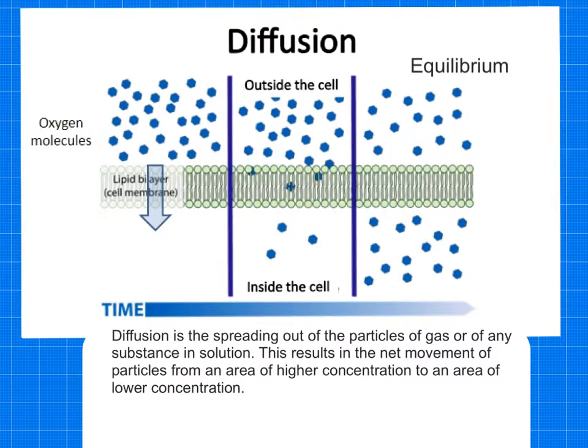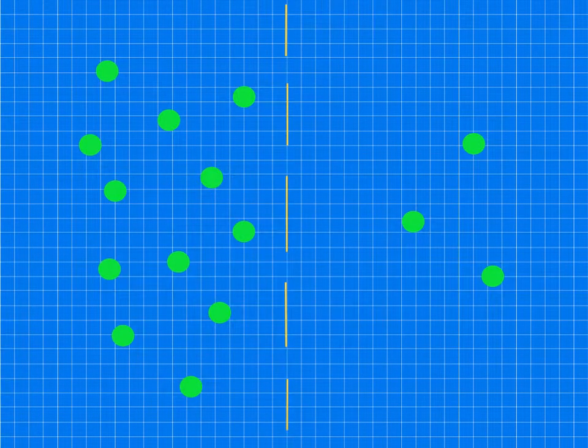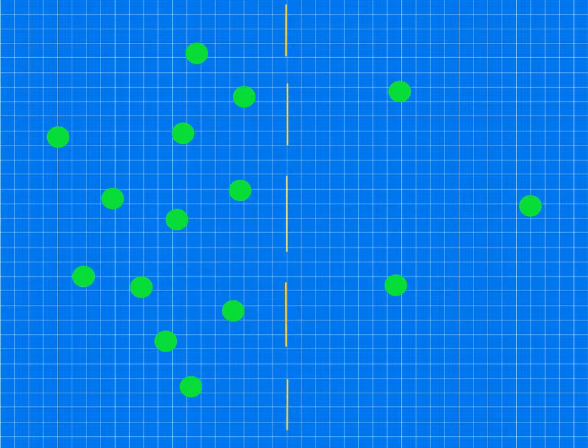The really cool thing about diffusion is that it doesn't require any extra energy. The only energy required is kinetic energy. You don't need any metabolic energy for diffusion to occur. In this example we've got a higher concentration on the left side of the membrane compared to the right side, and the particles will start to move around, and as they move around, they'll move through the membrane.